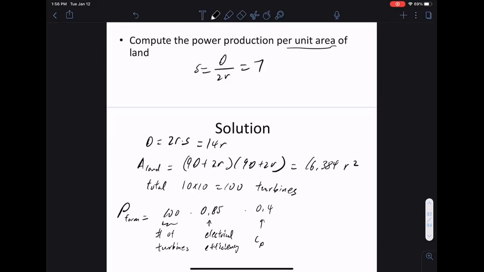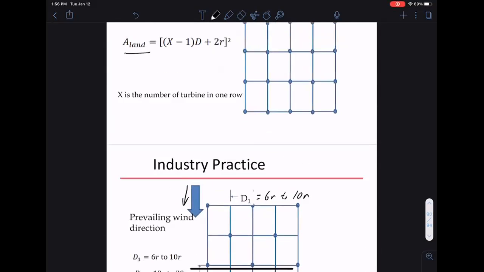And then let's look at array efficiency. Because they're in an array, let's look at what the efficiency is.